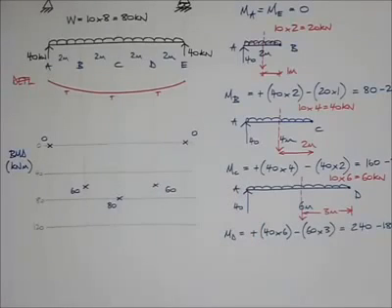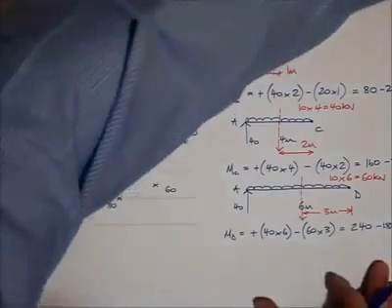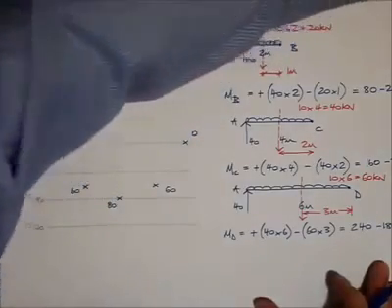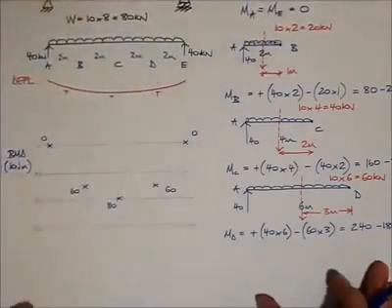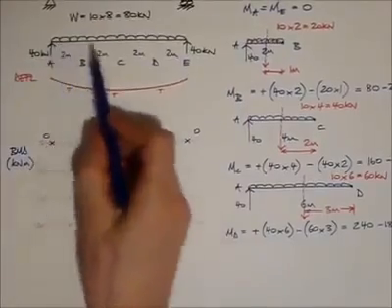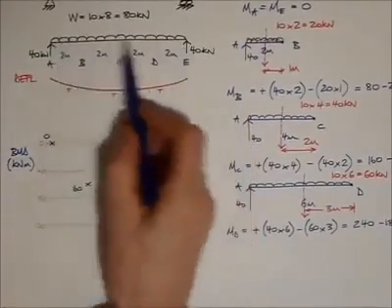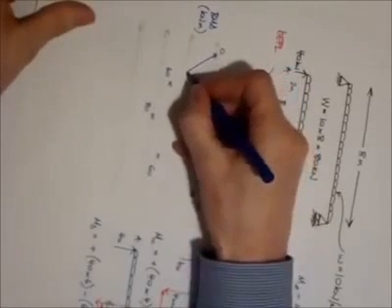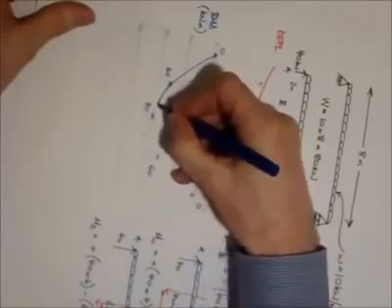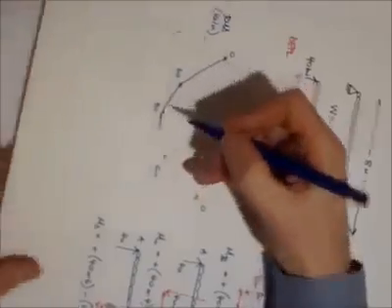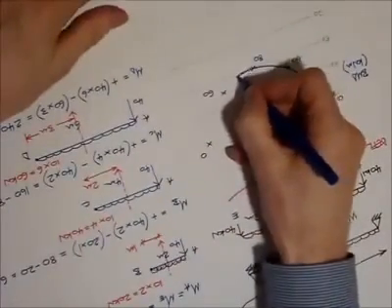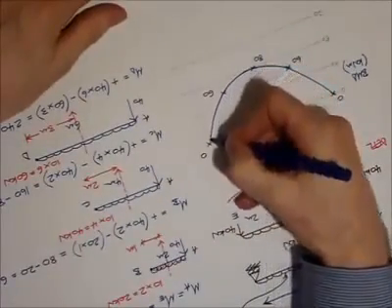Now I'm going to do my best, by turning this around, to draw a smooth curve joining up these points, and it's going to be a curve because I've got a UDL along the length of the beam. So here's my best attempt at a curve. Not bad so far. There we go.